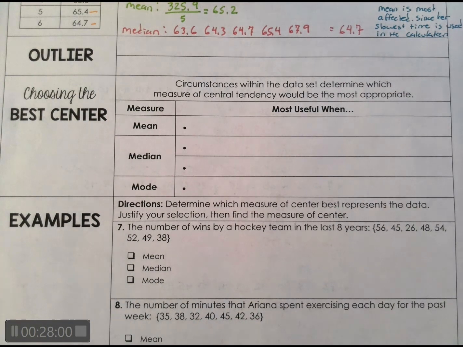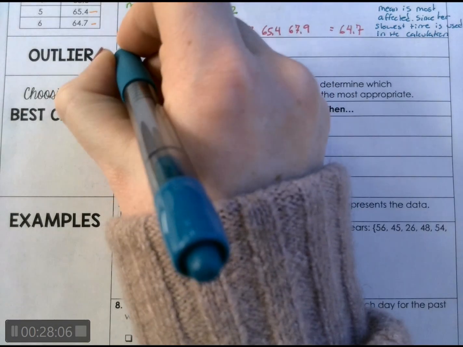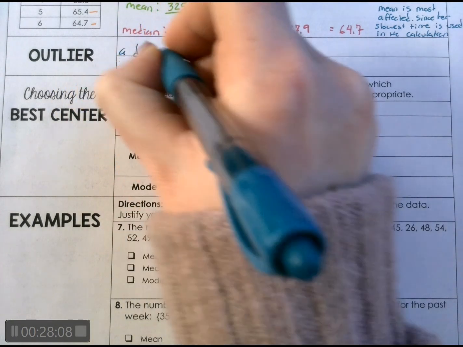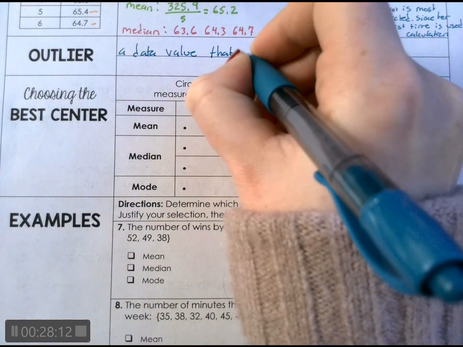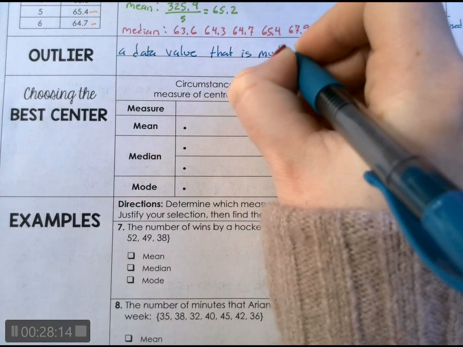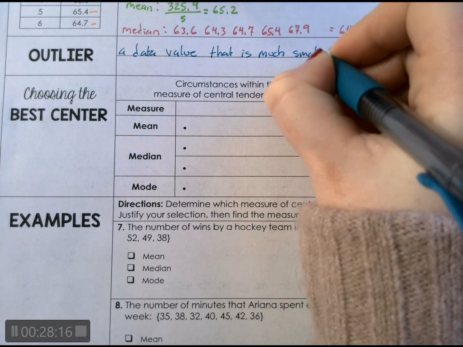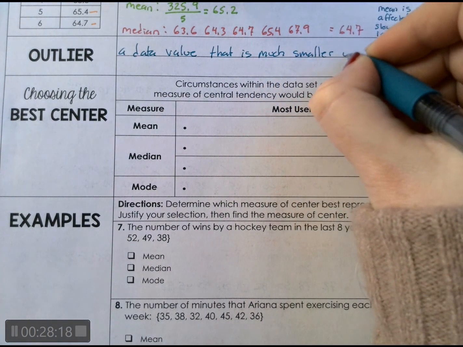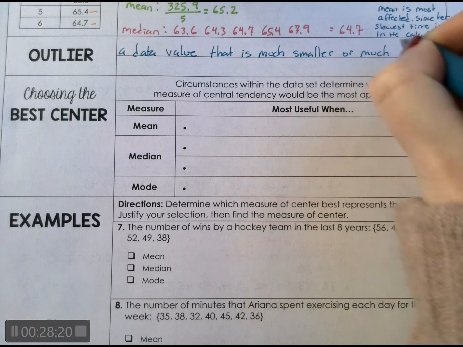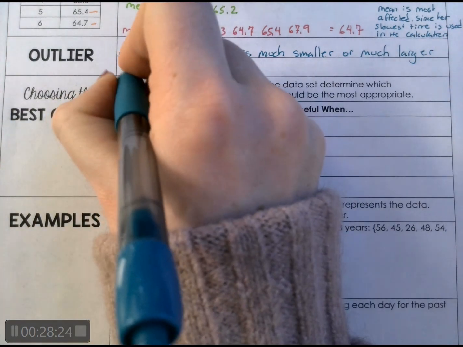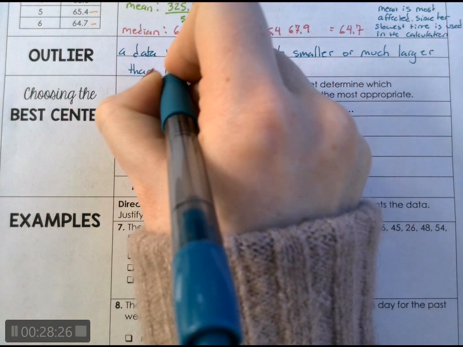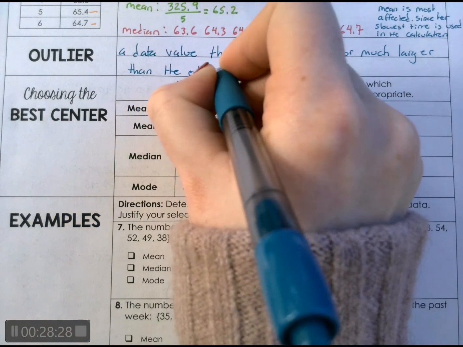Alright, an outlier is a data value that is much smaller or much larger than the others.